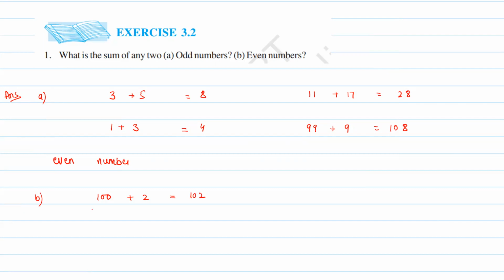If I take any other even number like let's say 8 plus 4, it will be 12. So it is also an even number. That means sum of odd numbers or sum of even numbers is always even.